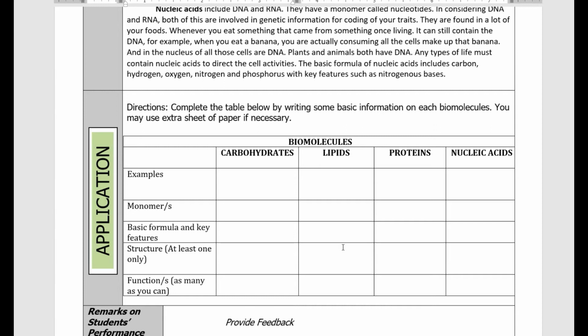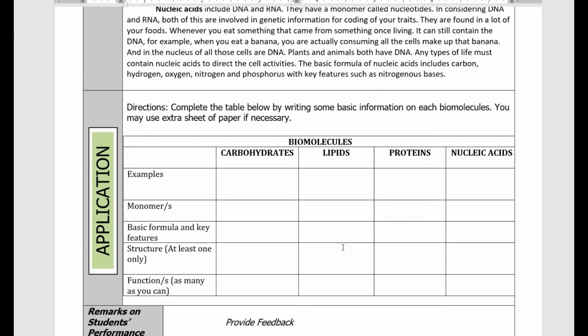However, there are some variations that make them different from each other. Structure. So give at least an example of a structure of carbohydrate, lipid, protein, and nucleic acid. It is better if your structure is the structure of the given example above. However, you can still do it in a different way.